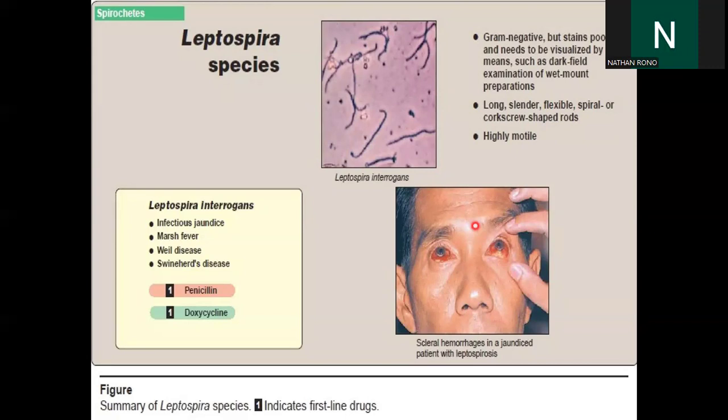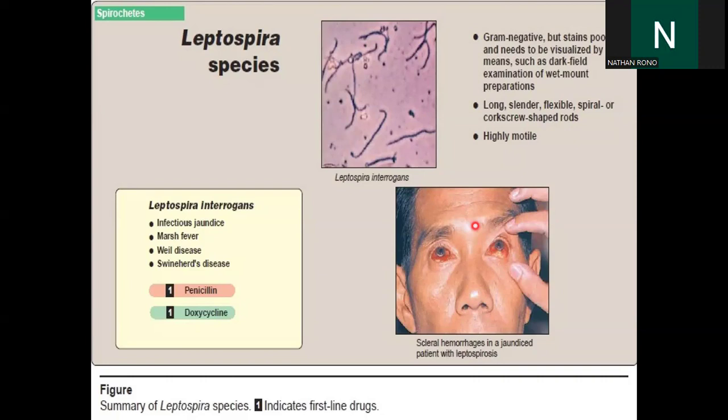The main reservoirs are the mice and the rats. They are going to shed the Leptospira in urine. Then this urine is going to contaminate water. So once you get in contact with this water is when you're going to present with these Leptospira findings.